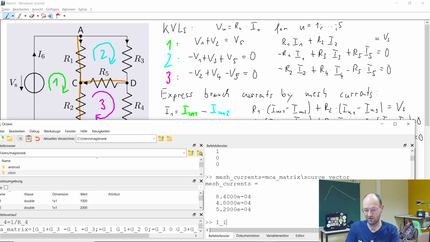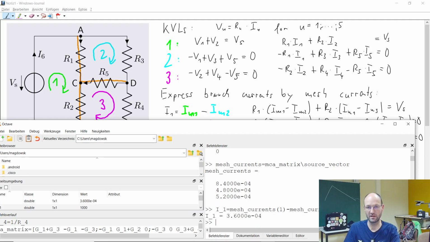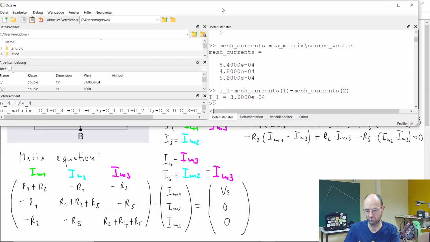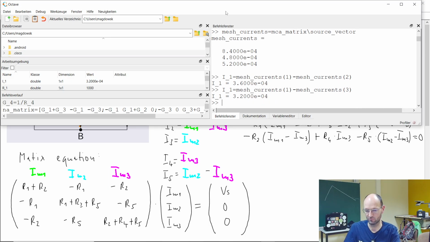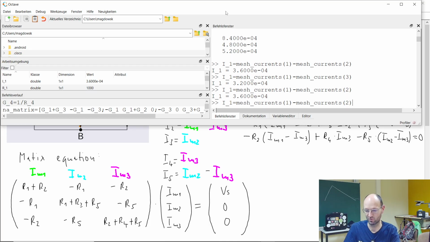So we can say, okay, now our first branch current is the first mesh current minus the second mesh current. And so we get this. And we could do it for the second one. The second one is IM1 minus IM3. Oops, this was the first one. This is the second one.